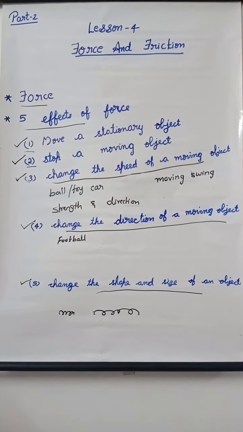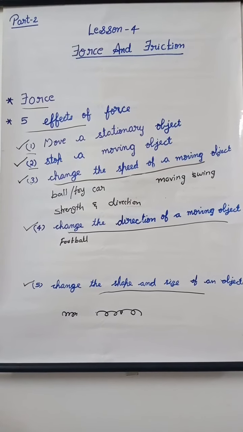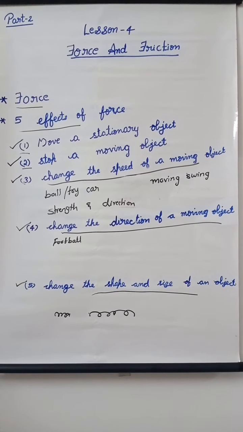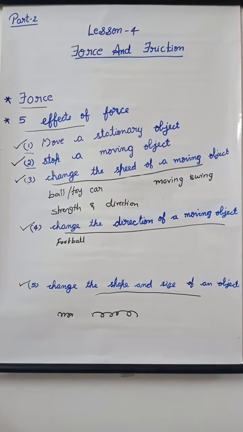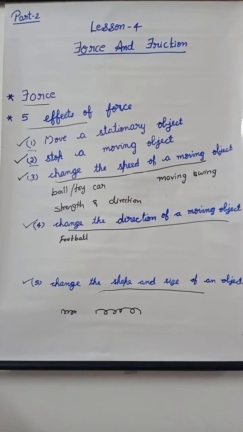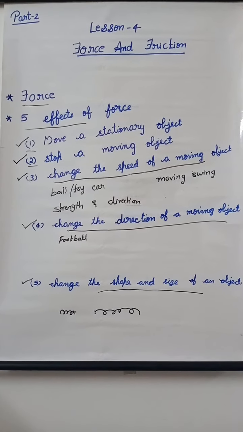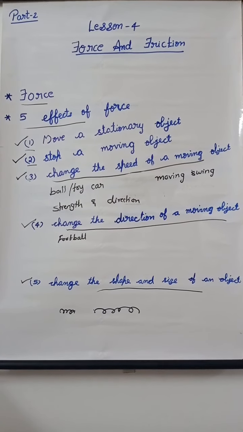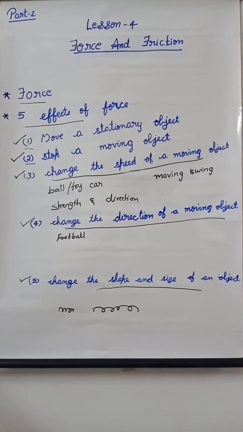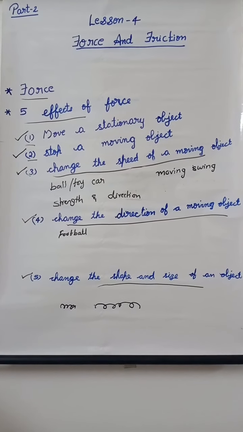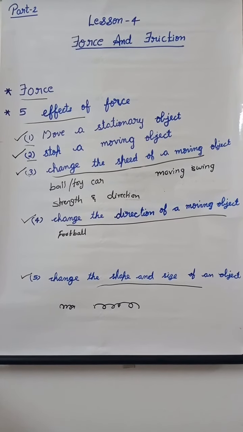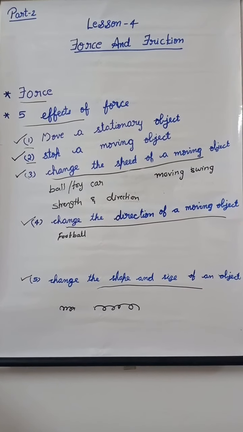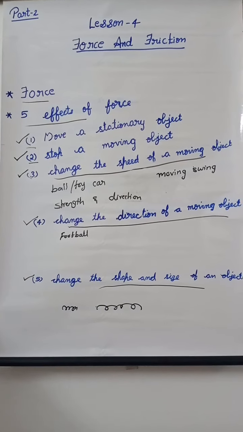Thus, we can say that the application of force on an object can change its shape and size. Another example is that we can make different shapes and sizes using dough or clay by pressing it with our hands. Through pressing the dough or clay, we are applying a force and as a result, its size and shape are changing. So I hope all of you are clear with the five effects of force.